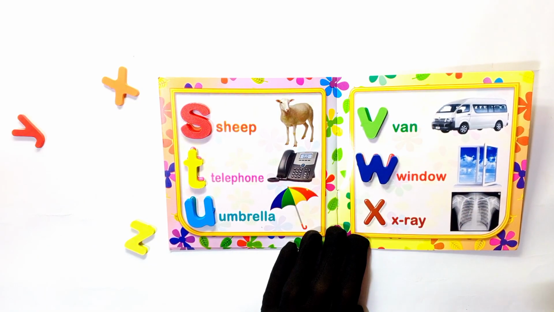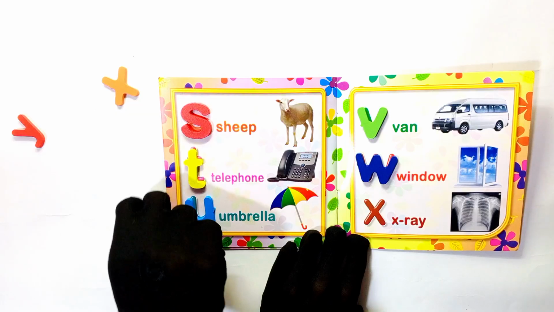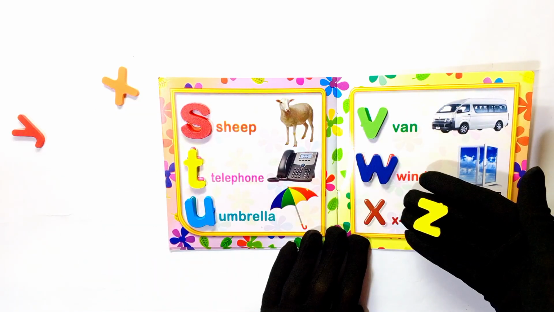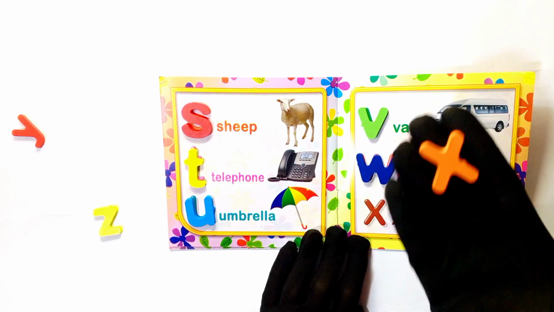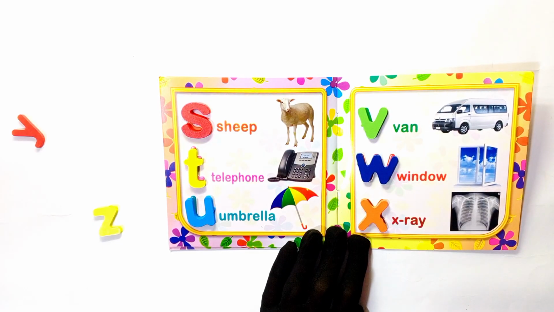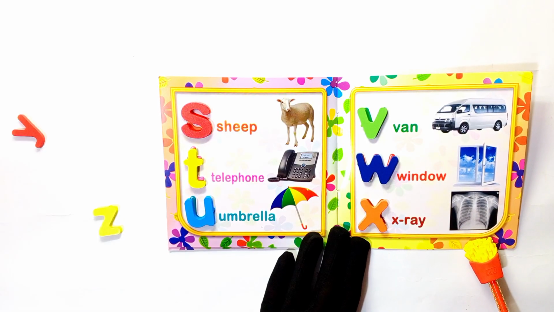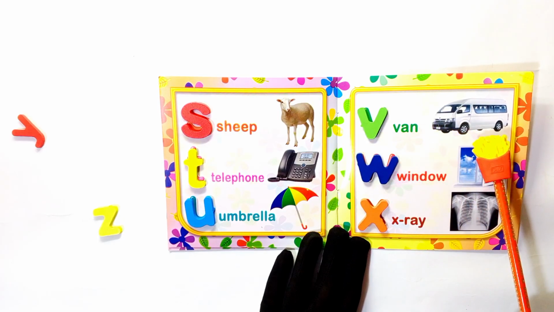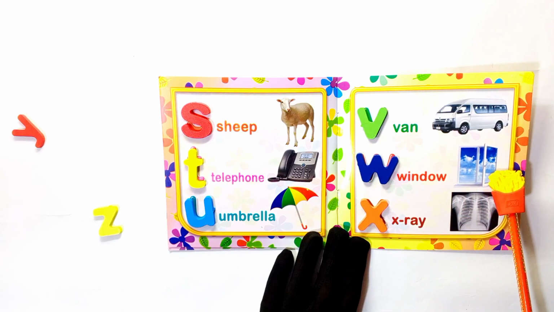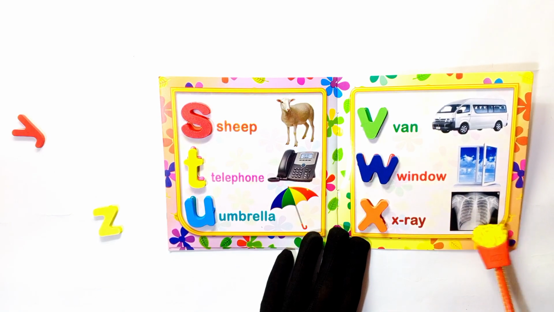Next is X. Is this X? No. X. X is for X-ray. V is for van. W is for window. X is for X-ray.